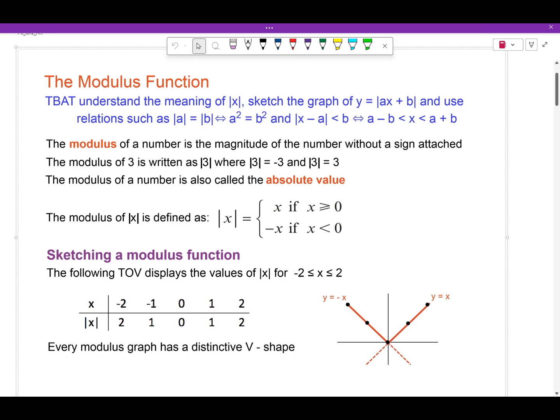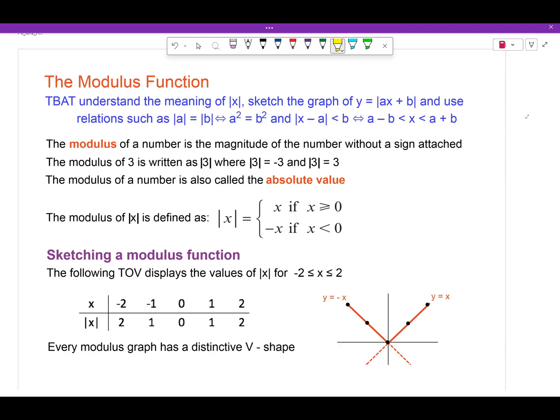To introduce, we start by learning something called the modulus function. In the modulus function, we talk about absolute value. What does that mean? That means everything is positive. In terms of numbers, we will see what happens with algebra.